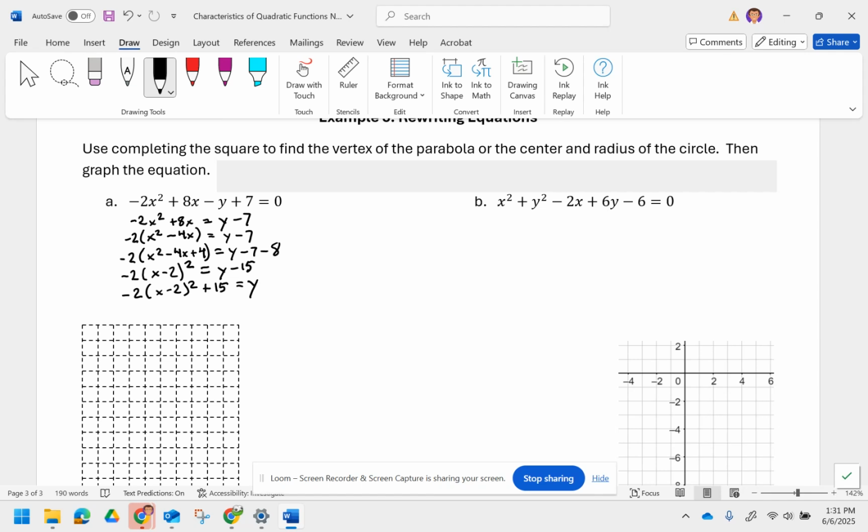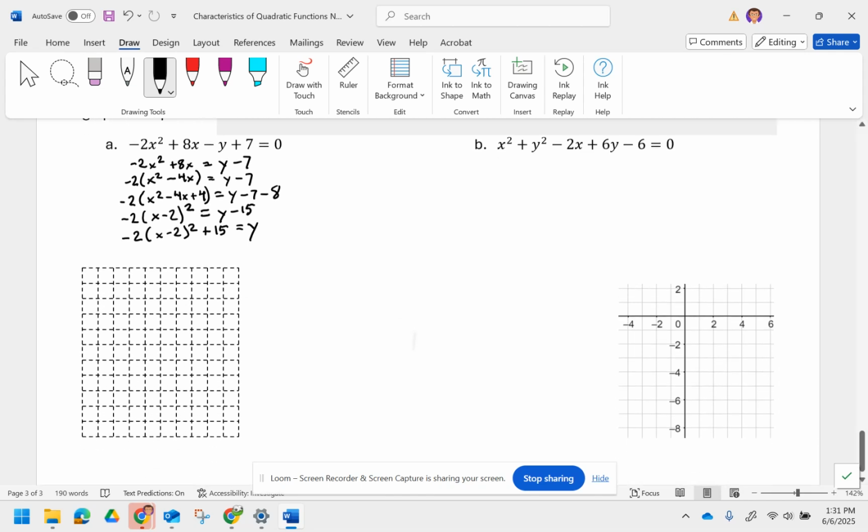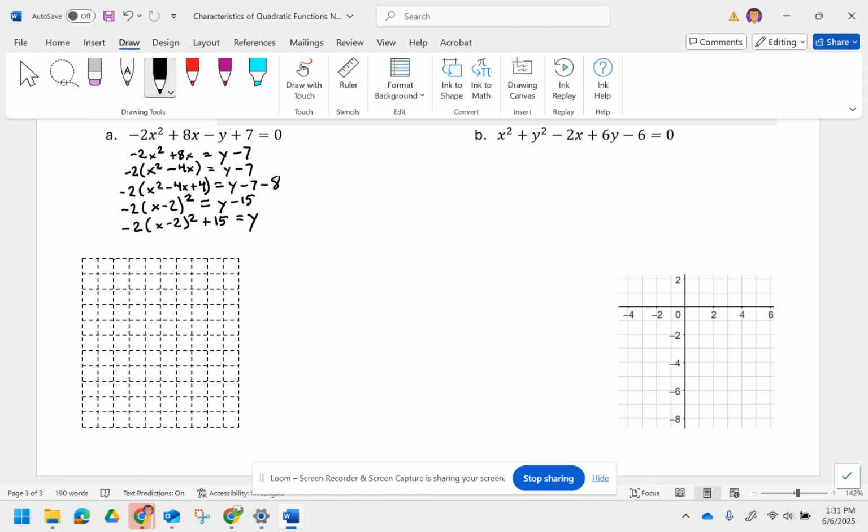All right, now I've got an equation that I can fairly easily graph. So I'm going to use this graph right over here. Let's create some axes for me. Now, because I need to go as high as 15, I'm going to go ahead and count by threes.